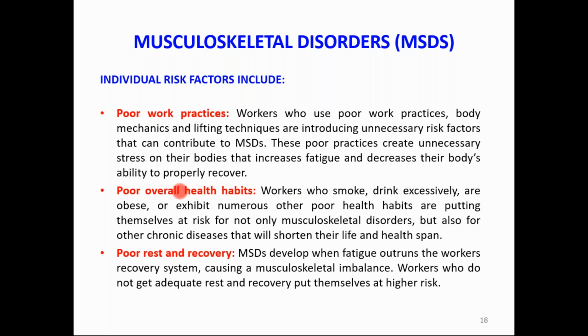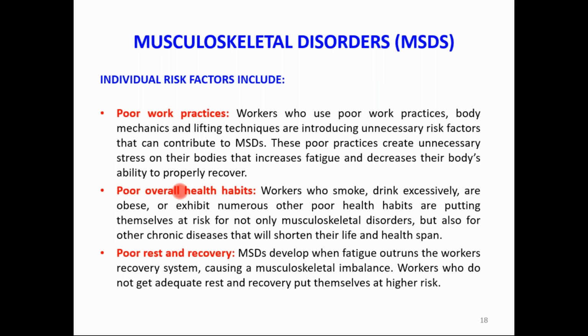Poor overall health habits. So the workers are having some bad habits, that may be smoking, that may be drinking, then sometimes more body weight, or some exhibit numerous other poor health habits, putting themselves at risk not only for MSDs but also for other chronic diseases that will shorten their life and health span.